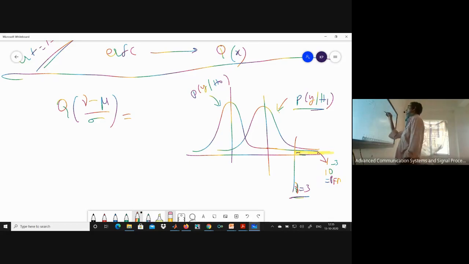If I try to calculate it, the integral, right tail probability. Let me close this and open it once again.